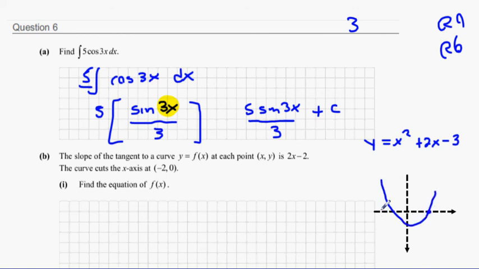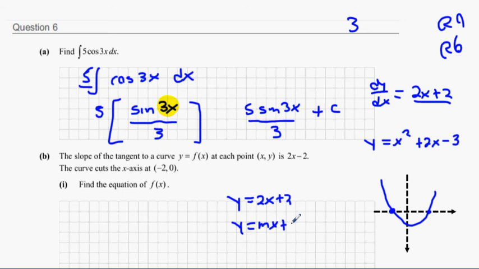Now what happens if I differentiate this? I get dy dx equals what? 2x plus 2. What type of equation is that? It's a linear, isn't it? It's basically y equals 2x plus 2. It's basically a slope of 2 and an intercept of 2 as well.